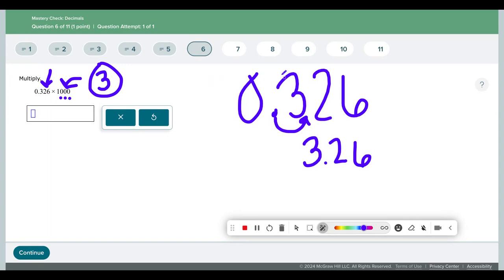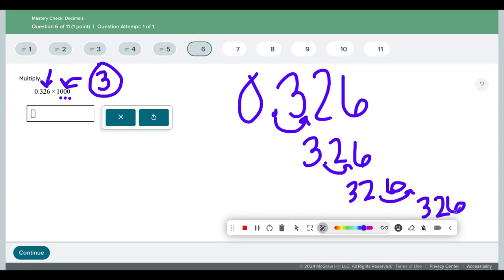I went from 326 thousandths to 3 and 26 hundredths. If I move it one more, I would get 32 and 6/10. If I move it again, I would end up with 326.